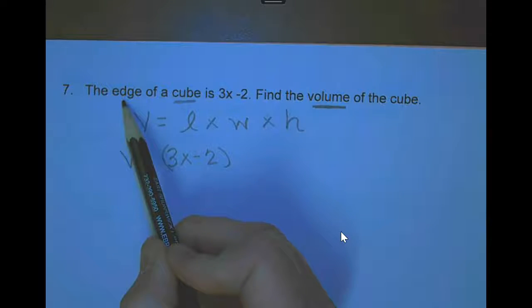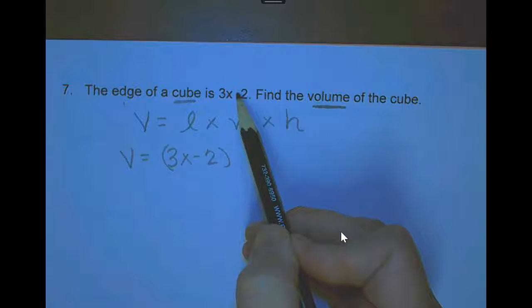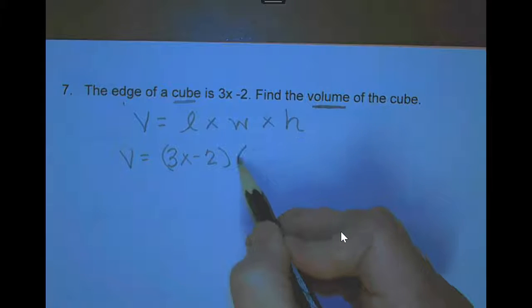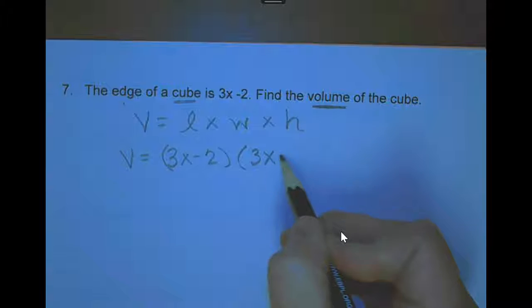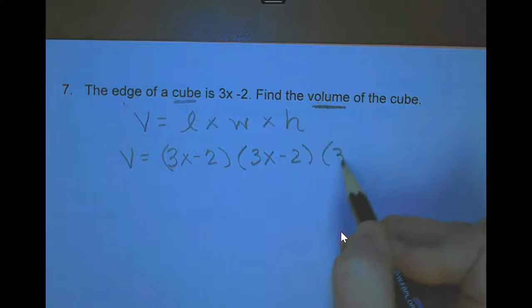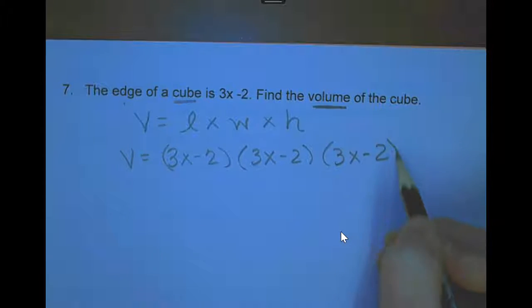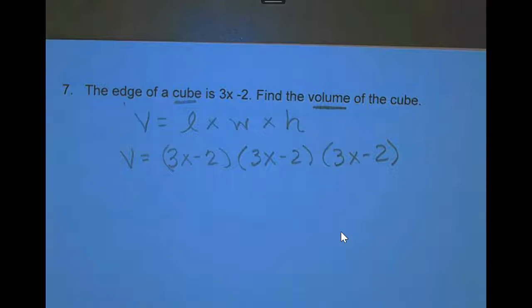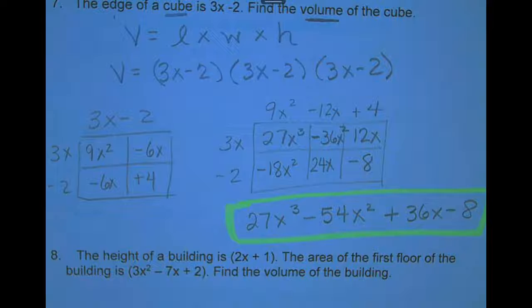What it means when it says that the edge is this much, it means this is the length, and it's also the width, and it's also the height. Please multiply that out and see what you get. How did you do? Did you get the right answer? Do you have any questions?